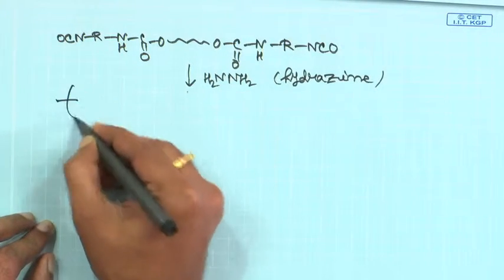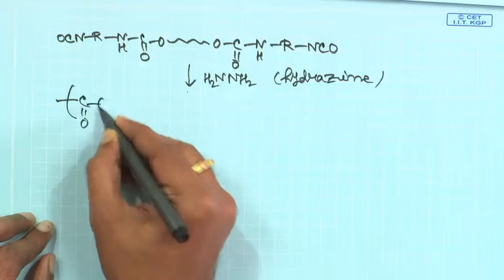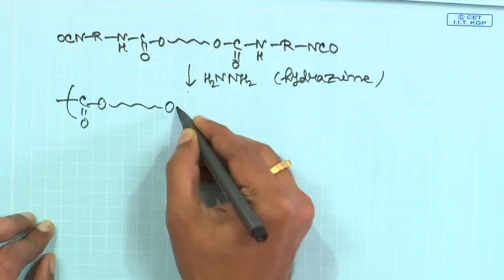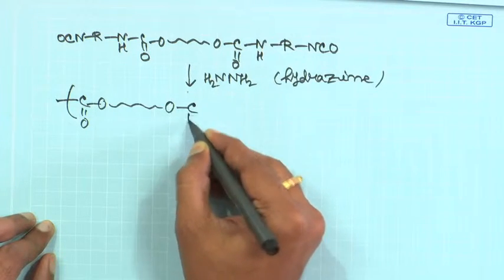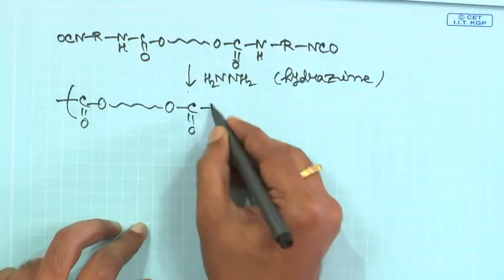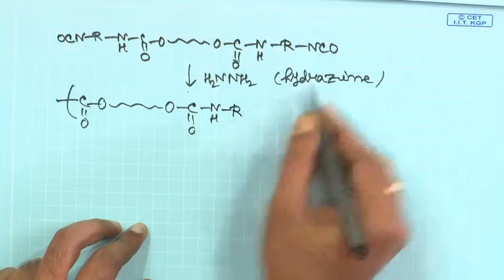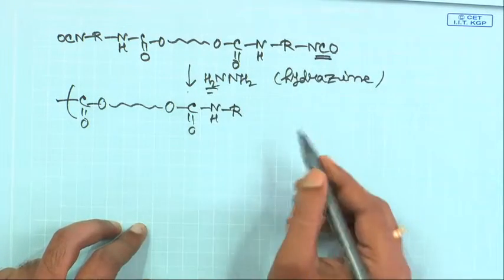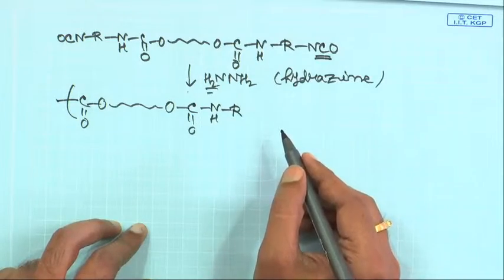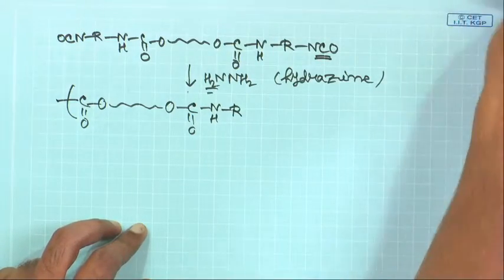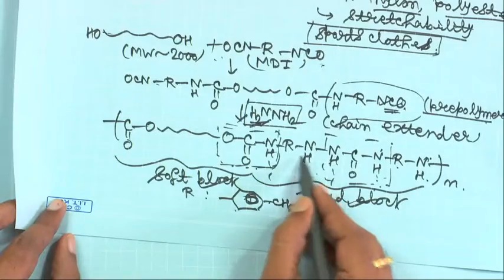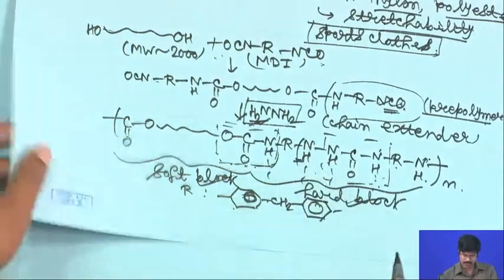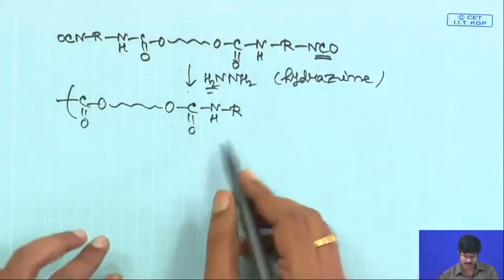So, basically what you have to do is the following: you have your polymer chain. So, you start from this side and you have NHR. Now, this NCO will react with amine, all right, because that NCO here was missing. So, that was the mistake.